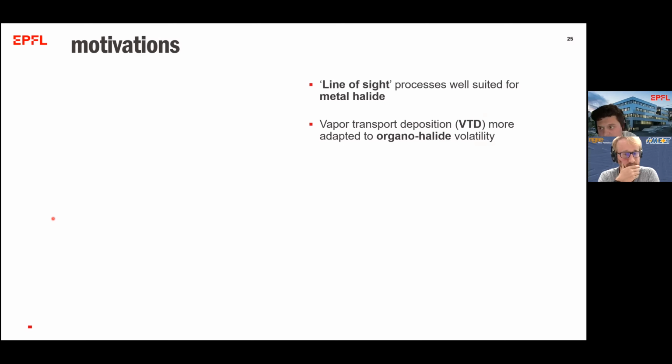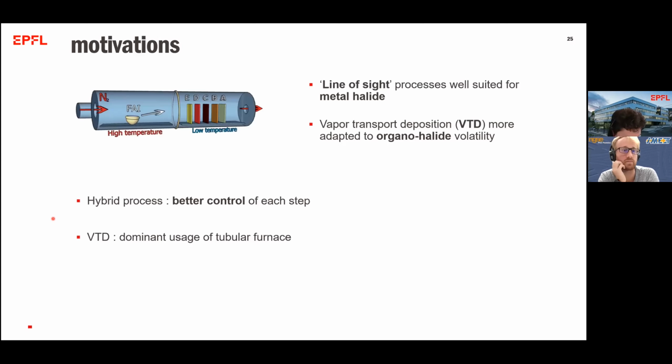So we will use a concept that is very similar to a tube furnace. The problem with tube furnaces is, of course, that there's a rather big concentration gradient. You can see here one of the first papers, I think from 2015, where they used vapor transport. You have different situations even across only a few centimeters.